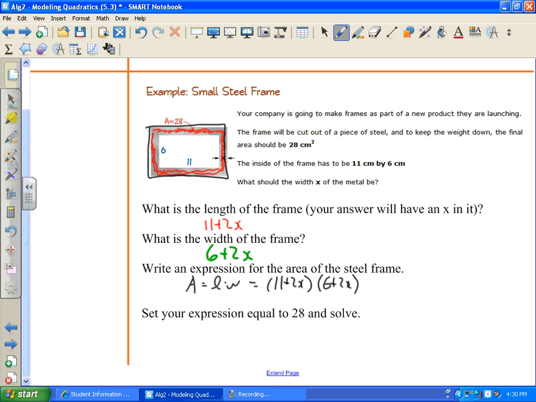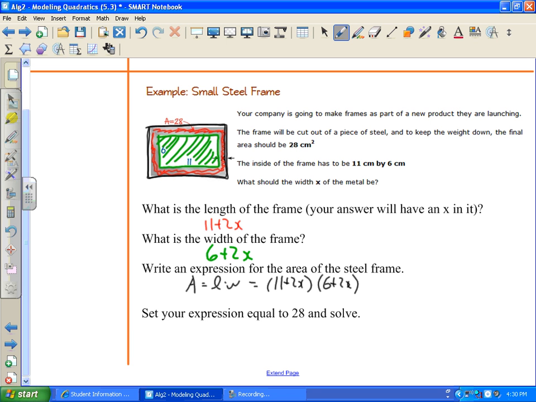That's length times width. So if I want the area of the red part, which is 28, hopefully it makes sense that I'm going to take my big length times width, which is the outside, and then subtract out my area on the inside.